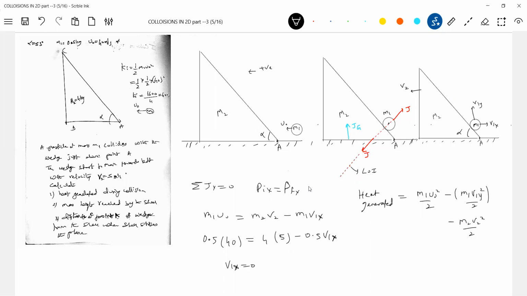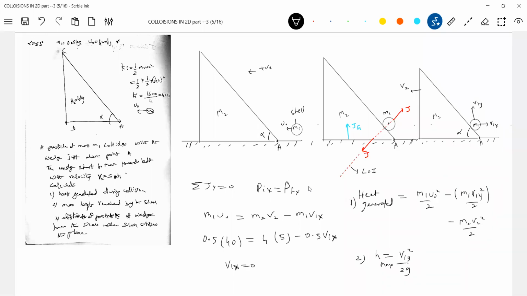This will be the heat generated. Then the maximum height reached by the shell or ball. The maximum height reached by the shell should be equal to... okay, the problem has become simple.